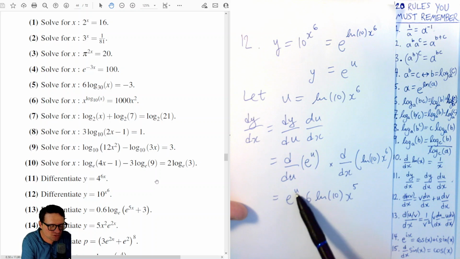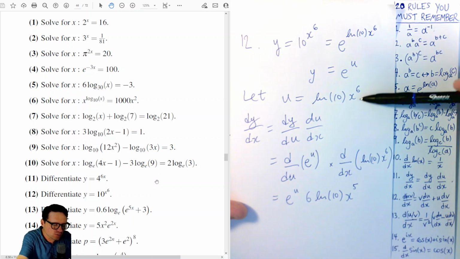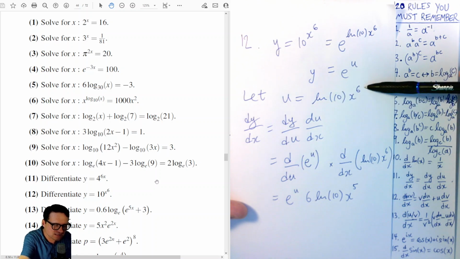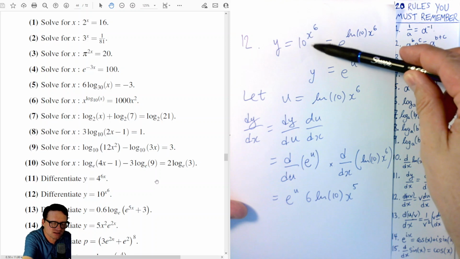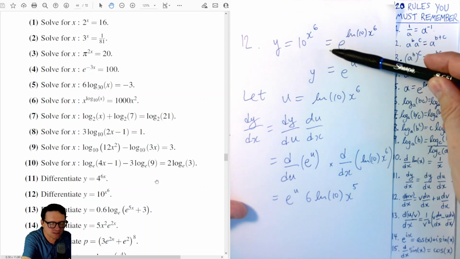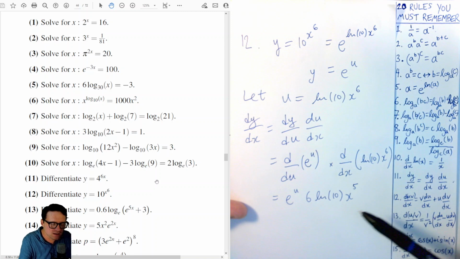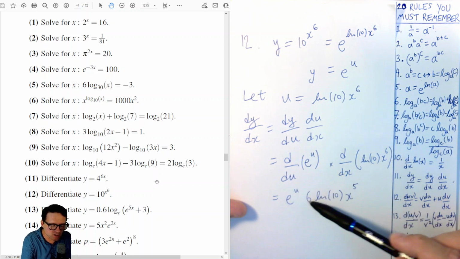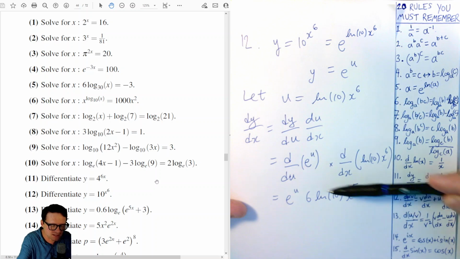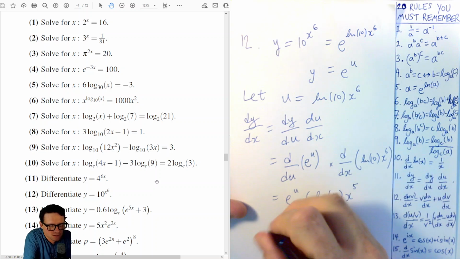We do need to change the u back into a function of x. And so we could just sub in ln 10 x to the 6, but e to the u is this, which is this, and this, in my opinion, looks better. So let's go for that form of it. Now we want to keep this number, and in fact the whole polynomial part, on the left-hand side, so it doesn't look like it's part of the exponent.